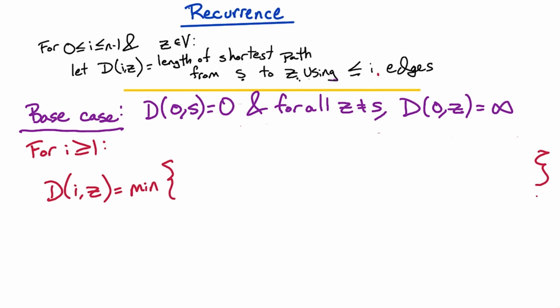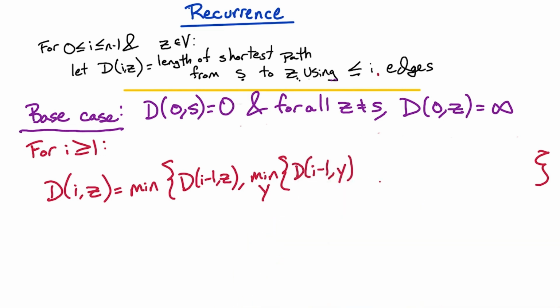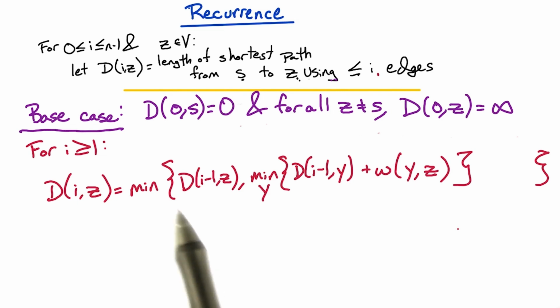If it uses at most i-1 edges, then the solution is in d of i-1 z. If it uses exactly i edges, then we're going to try all choices for the penultimate vertex y, and take the length of the shortest path from s to y using at most i-1 edges, plus the length of the last edge. So we have a double min.